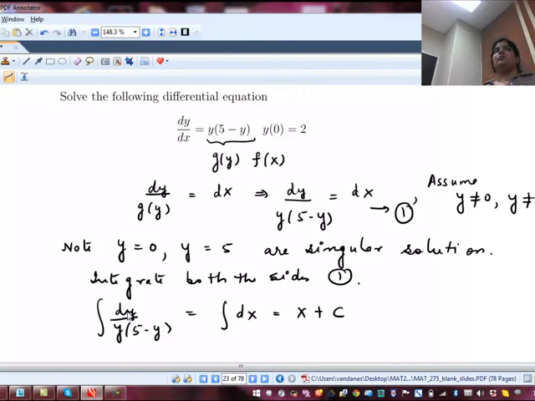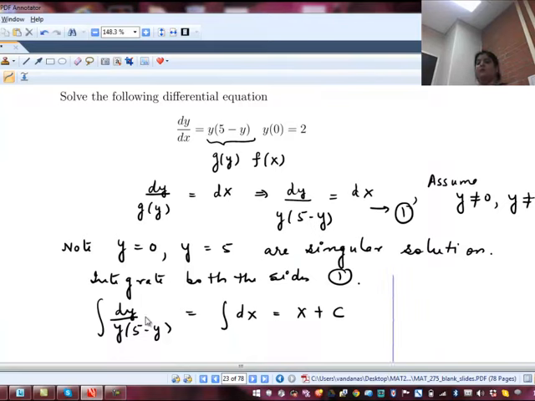So what is the trick? What should we do at this point if we want to integrate this? I cannot do ln of something because it's y times 5 minus y. Partial fractions.